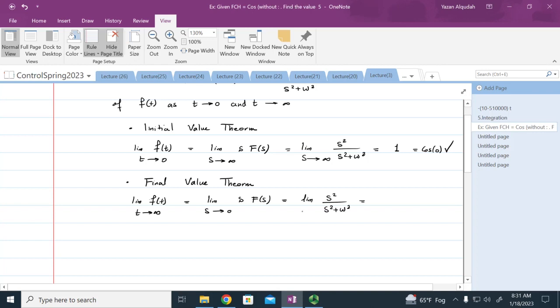What is this limit equal to? 0. Now one thing, please, people are going to make this mistake. When they use the final value or initial value, they're going to forget to multiply by this s. Anybody's going to forget to multiply by this s?